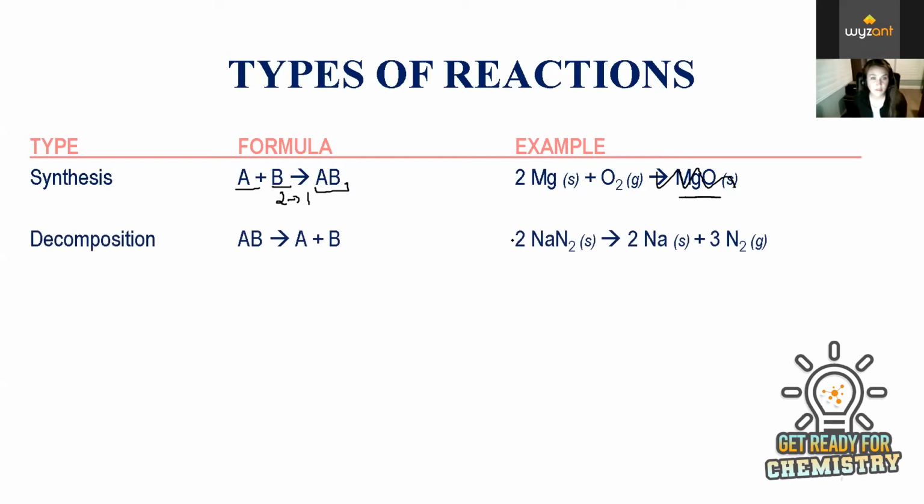Then we have decomposition, which is essentially the opposite of synthesis. So now we have a compound by itself, and then it's decomposing, usually by heat or some sort of catalyst being added, into its individual elements. So an example of this would be sodium nitride decomposing into sodium and nitrogen gas.